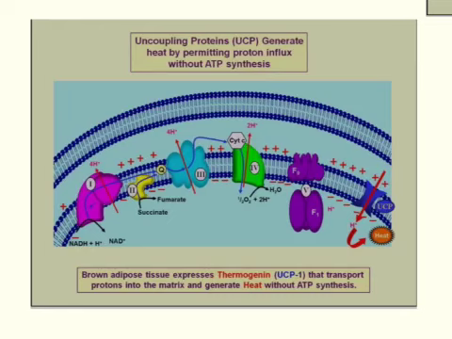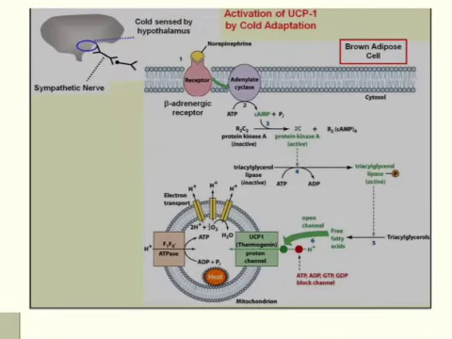What happens is your hypothalamus will sense cold, and through the sympathetic nervous system it will release norepinephrine onto the brown adipose tissue, activating adenylate cyclase, creating cyclic AMP, and cyclic AMP will activate protein kinase A. The protein kinase A will activate the triacylglycerol lipase, which basically takes these triglycerides and splits them into 3 fatty acids. 3 free fatty acids for each triglyceride, and the high amount of fatty acids will cause thermogenin to open.